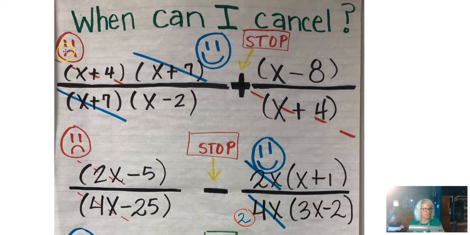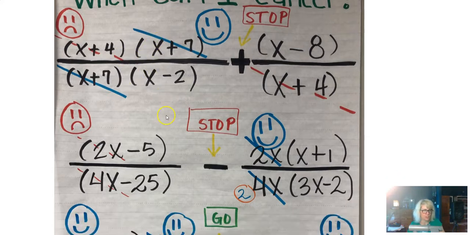If you notice over here, I have a sad face because I cannot simplify something across a plus or a minus sign with another fraction. So remember your plus and your minus symbols, those are like stop signs. You cannot hop over and try to cancel those out. What you can do is cancel within the same fraction.